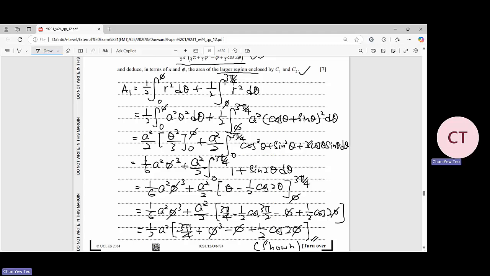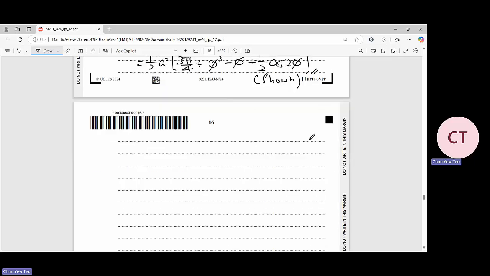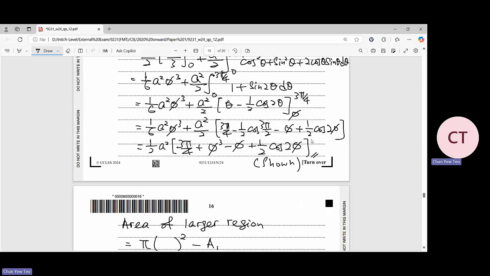Now the second part is that we want to find the area of the larger region. So the area of the larger region is equal to the area of the circle minus A1. What is the area of the circle?